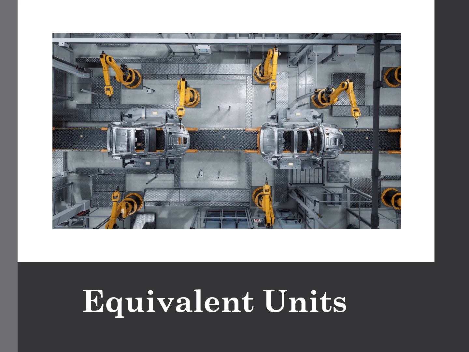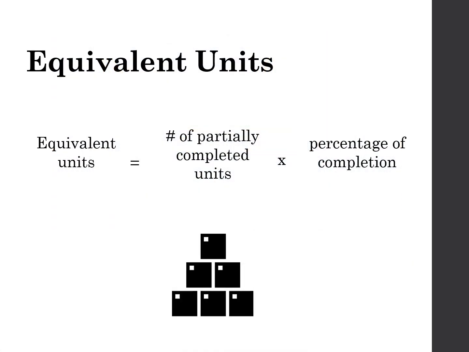After a company accumulates manufacturing cost in a department, we need to determine the department's output to calculate unit cost. The difficulty is that a department typically has partially completed units. We will translate or convert these partially completed units into an equivalent number of completed units. We will use this formula to calculate equivalent units: the number of partially completed units times the percentage of completion, aka how much work was performed on the units.